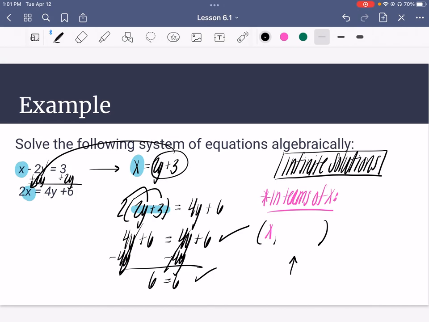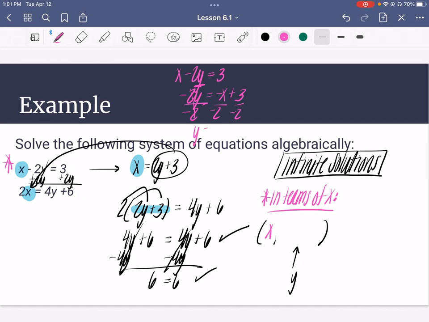If we write it in terms of x, then obviously our first value is x, and then we want to write what y is, because that comes next in our coordinate point, in terms of x. So in order to do that, we have to solve one of these equations for y in terms of x. Let's go ahead and, over to the side, I'm going to do that with this first equation. So x minus 2y equals 3.